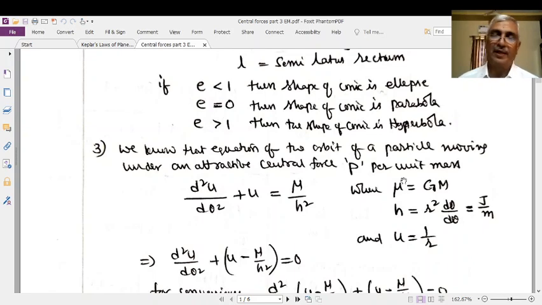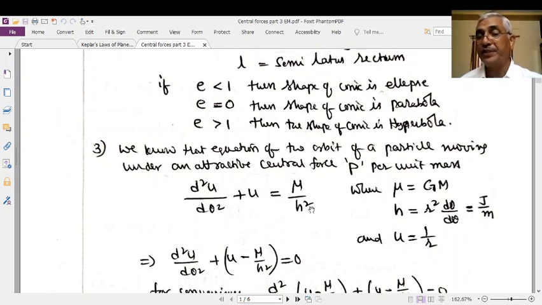Okay, every planet moves around the sun under the action of a central force. Already we derived the equation of motion of the path of a particle under central force, and that equation is d square u by d theta square plus u is equal to P by h square u square.